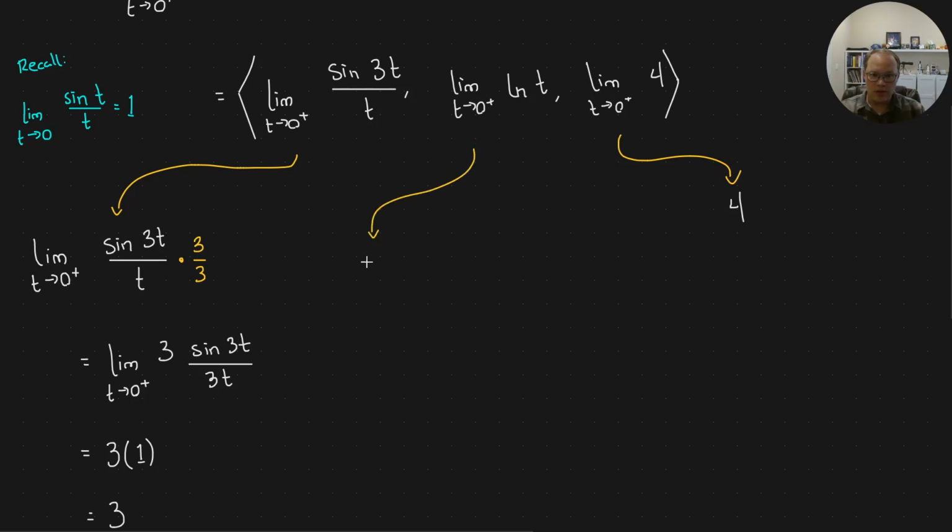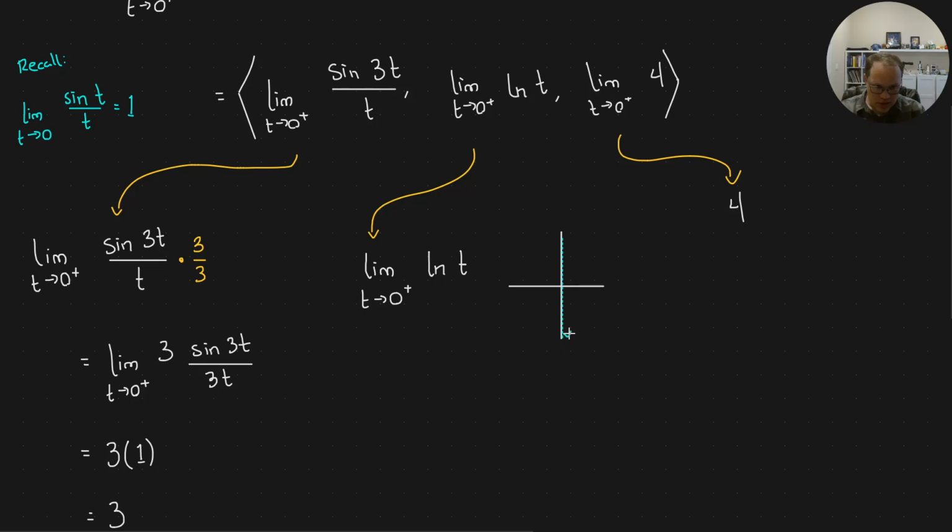Let's try this one. We need the limit as t approaches 0 from the right of natural log of t. Now for this one, there's no real tricks we need to know here. We just need to know what the graph of natural log of t looks like. Okay? Graph of natural log of t has an asymptote on the y-axis.